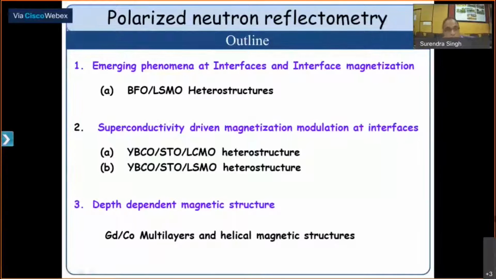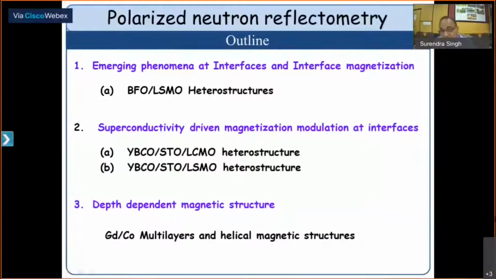I have taken three systems on emerging phenomena at interfaces and interface magnetization. These are systems which are already in the literature, where they have used polarized reflectivity to get the kind of information they wanted, because other techniques are not available and only PNR can give that information.